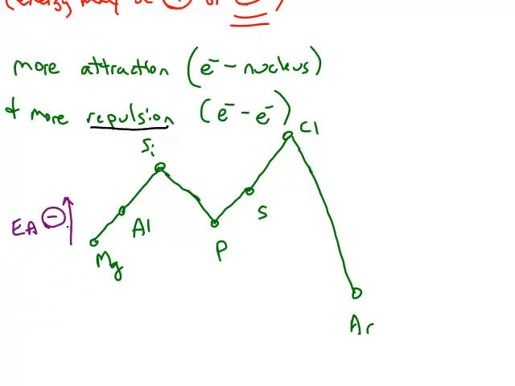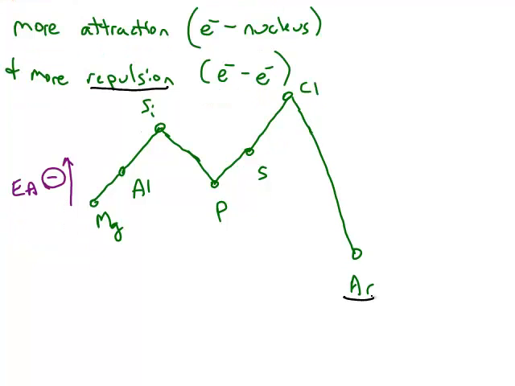So here's another graph, and these electron affinities are all negative, so increasing is more stable on this graph. From magnesium to aluminum to silicon, we see a continuous increase, and then it drops down for phosphorus, increases for sulfur, increases for chlorine, and then drops way down for argon.